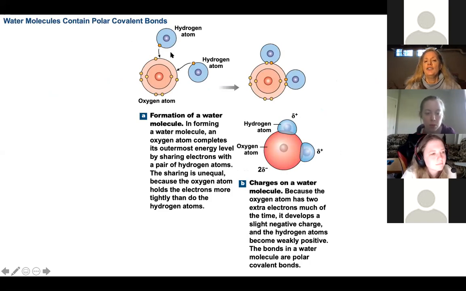So we see our hydrogen atom right here is going to hook up with our oxygen, and our oxygen has all these paired electrons over here. So highly electronegative. When you see two lone pairs of electrons out here, think of that as almost like a partial negative charge out there. And so the hydrogen atom is going to come over here and start to form and share with this oxygen atom.